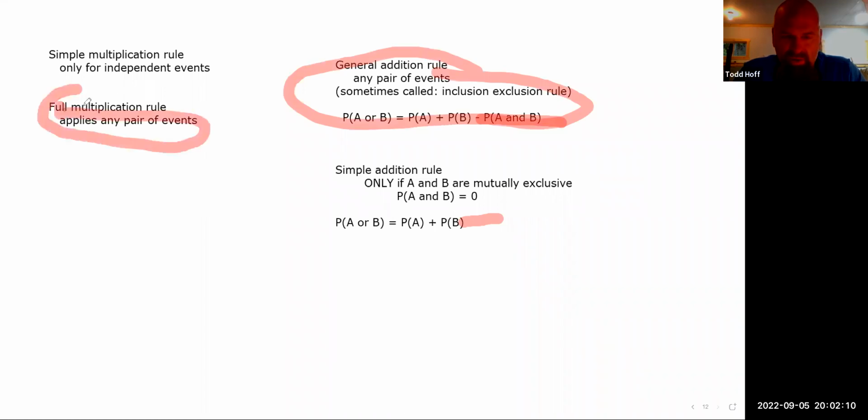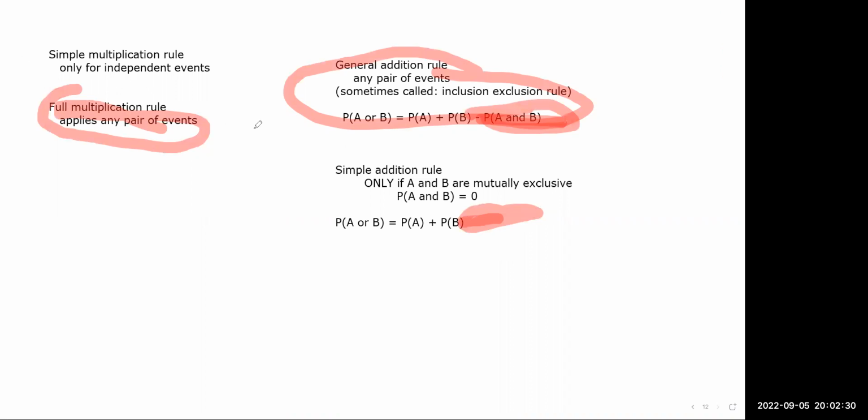Use the full rule or the general rule, and it'll still work out. You don't have to memorize when to use which one. Just go ahead and use the general rule in every case. And like I said here, this just turns out to be 0, so you still get the right answer. Perfect. Okay, that makes more sense. Sure. Any other questions?